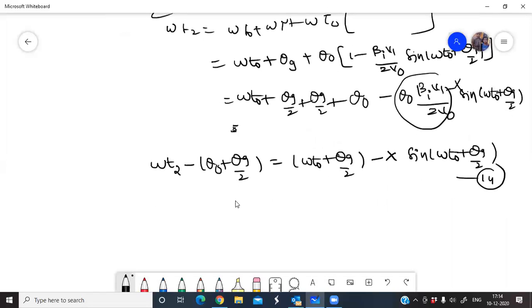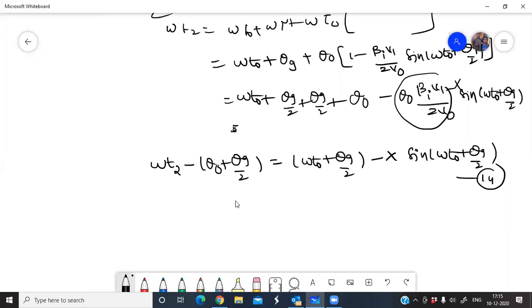I am repeating once again: omega T2 minus theta naught plus theta z by 2 equal to omega T naught plus theta z by 2 minus x into sine omega T naught plus theta z by 2, where x is nothing but the bunching parameter.